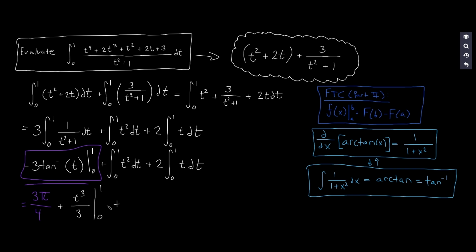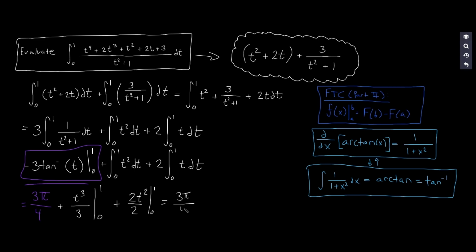We got the integral of t, which we can evaluate via the power rule. So we'll do this one in our heads, but remember we're going to multiply this 2 that's been factored out. So it will be 2 over 2 t squared evaluated from 0 to 1.